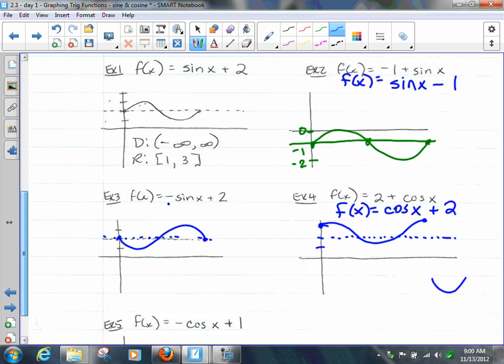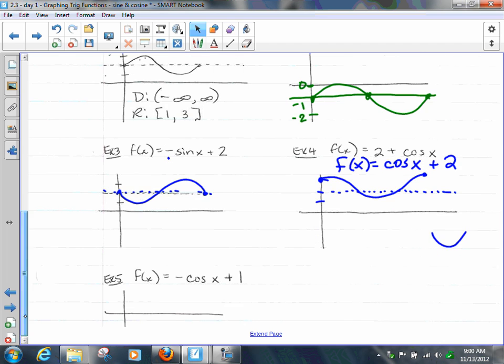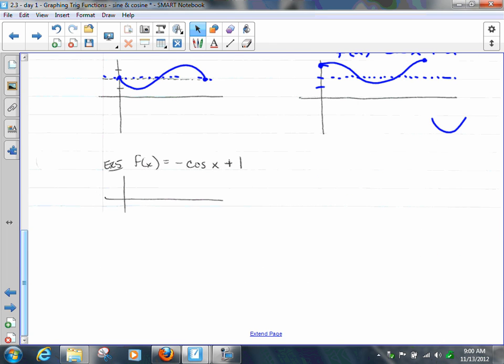Yes or no? Okay. So then you have example 5 at the bottom. Oscillation line is where, folks? At 1. All right, and I can see the line in here now. And we've got 0, we've got 1, we've got 2. And is this going to be a cup or a mountain? A cup or an uncup?